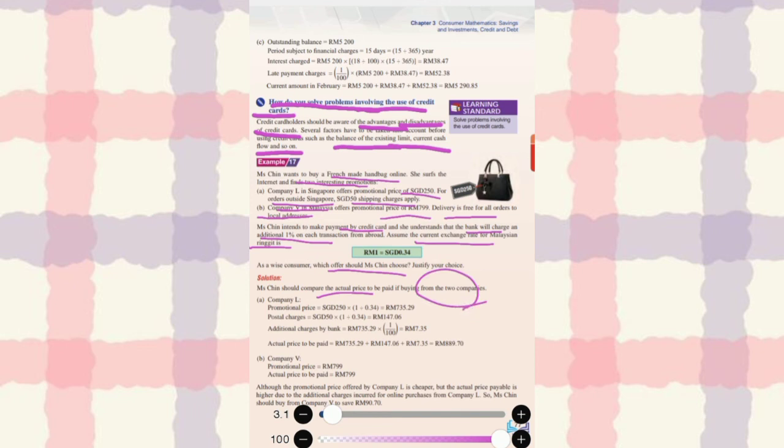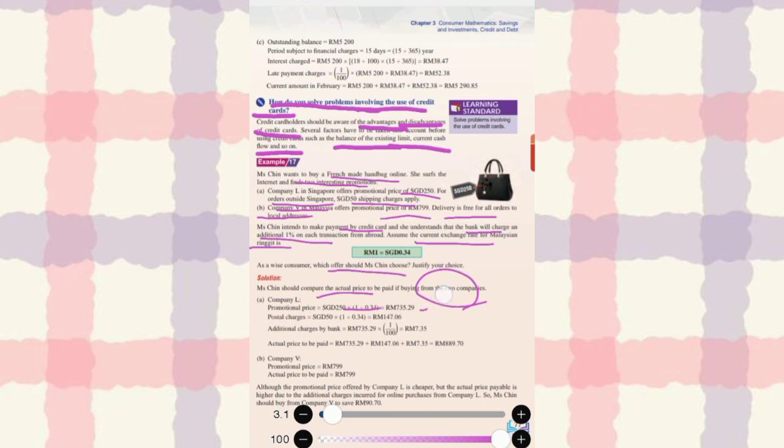Company L. Promotional price is equal to $250 times 1 divided by 34 cents equal to 735 ringgit 29 cents.